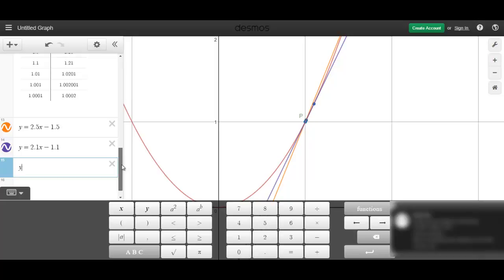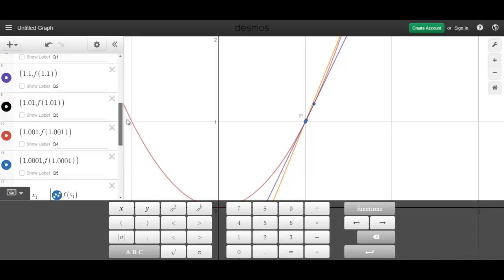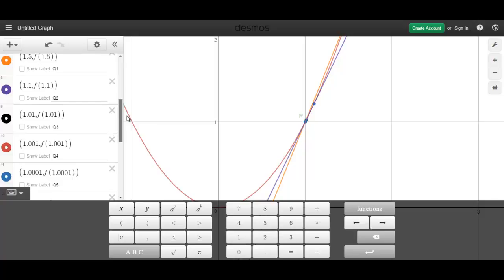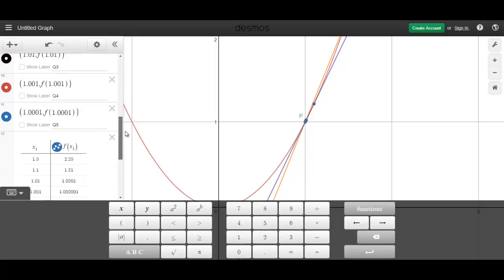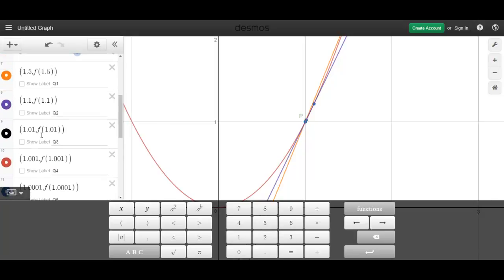secant line, rather. P, this is what, the third one. Let's see, 1, 2, 3. So P times Q3 here. Okay, so 1 comma 1 through 1.01 comma f of 1.01.